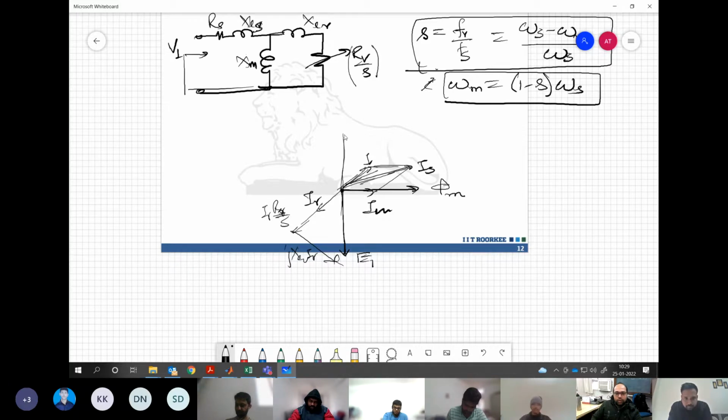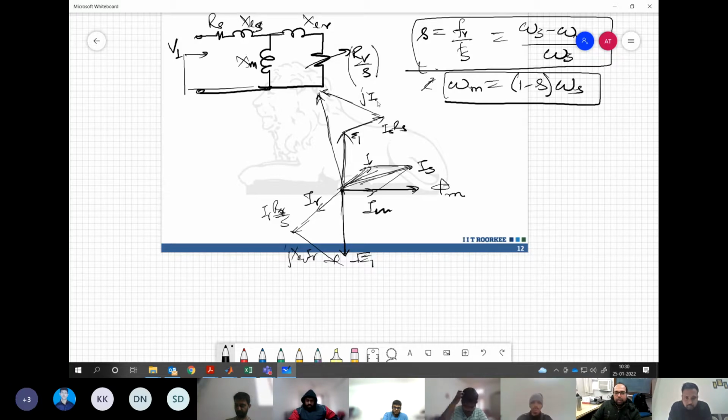Now this E1 is projected on the other side. So why is it projected on the other side? Why is it not projected the similar way? These discussions we will have in a more elaborate manner, what is the meaning of putting it from here to here, whereas it is the same thing on the equivalent circuit. So all these detailed discussions we will have.